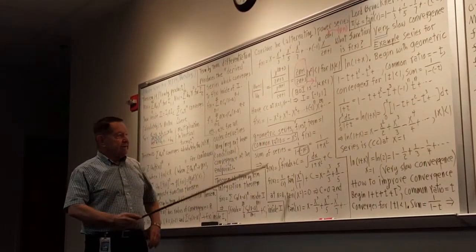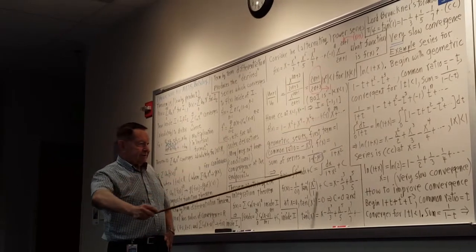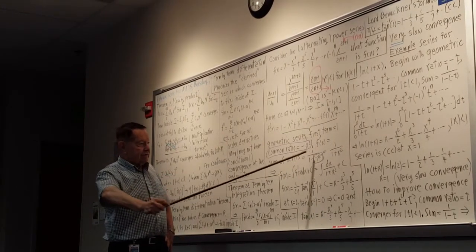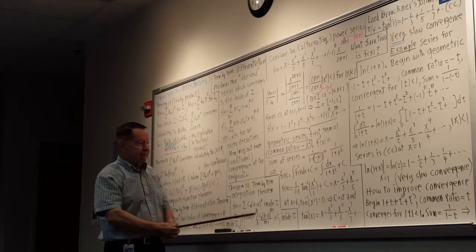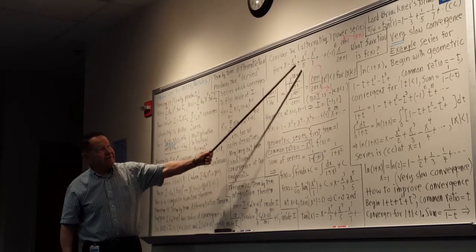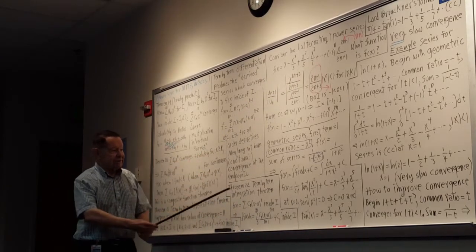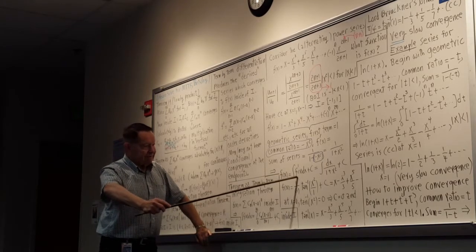So either way you do it, f prime is this geometric series which has sum 1 over 1 plus x squared.